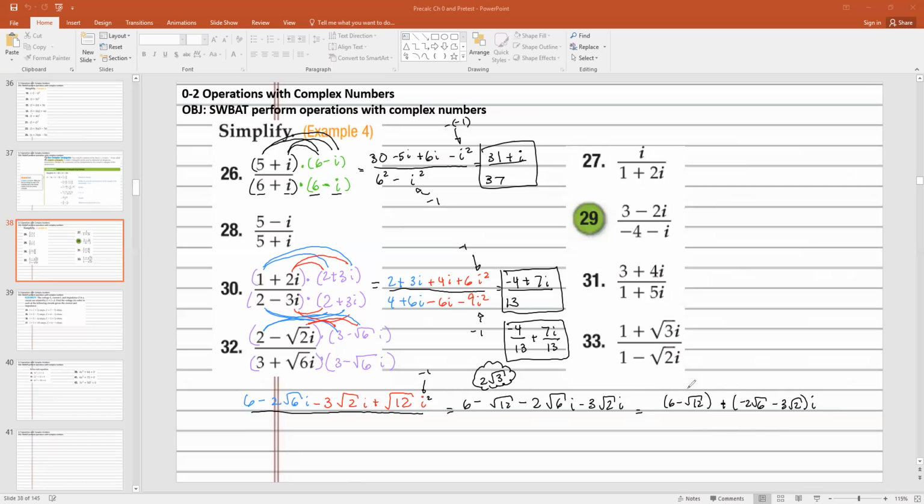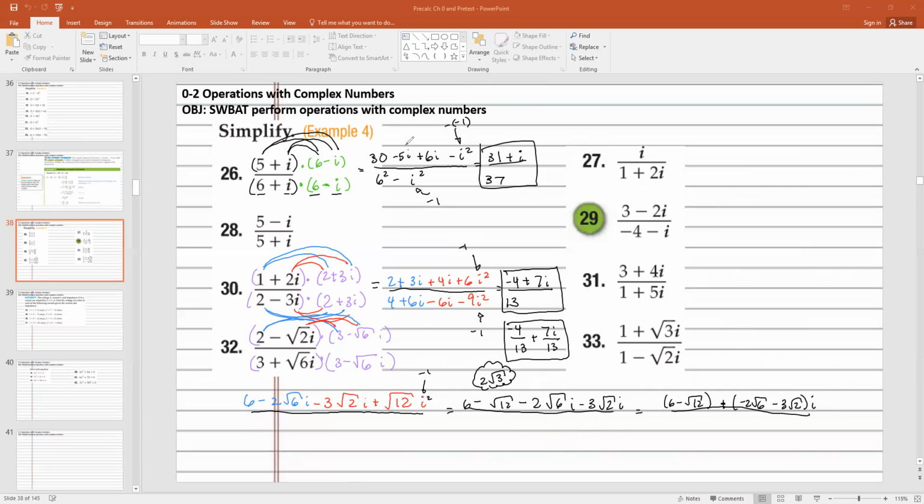You could write it like that. Okay, so that way you just have one i. So you're just factoring, because they both have an i in common, so you just factor out the i. Okay, so there's that. And that's the top only.